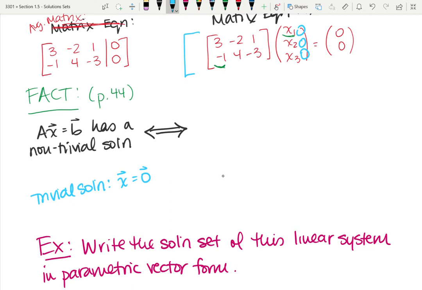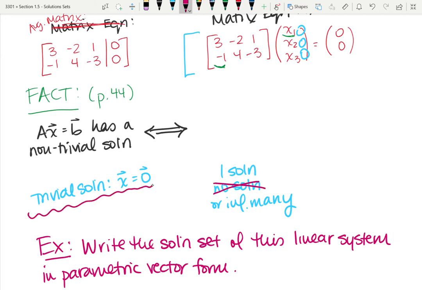And remember that linear systems can have one solution, no solution, or infinitely many. Homogeneous equations never end up with no solution because they always at least have the trivial solution.